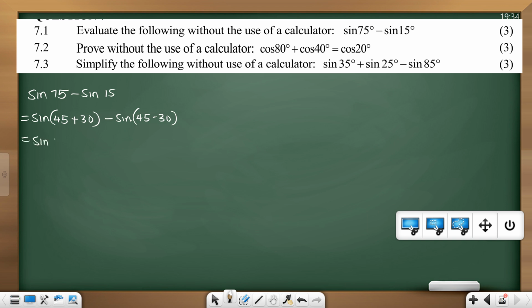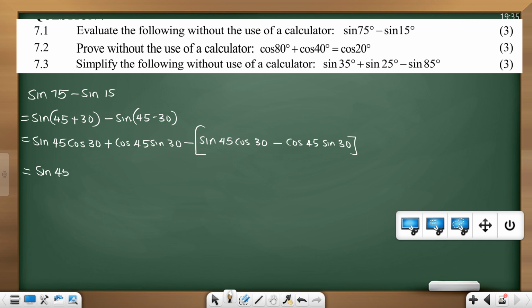Now let's expand. What do you have? Sine 45 cos 30 plus cos 45 sine 30. Please use the formula page. Here's the secret. Minus open bracket. What are we going to have here? Sine 45 cos 30 minus cos 45 sine 30. Can we expand?